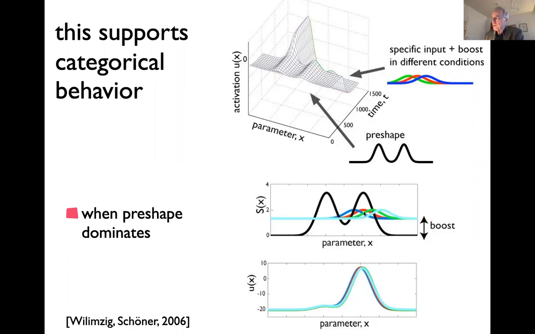That is, if I put this local input with this large boost on top of this pre-shape, the fields ultimately merge, but you see the different colors lie almost on top of each other. It's because this metric information is very small compared to the pre-shape. And so they make categorical responses. If you now do the same manipulation about metric distance in this kind of situation, then you find the opposite effect.